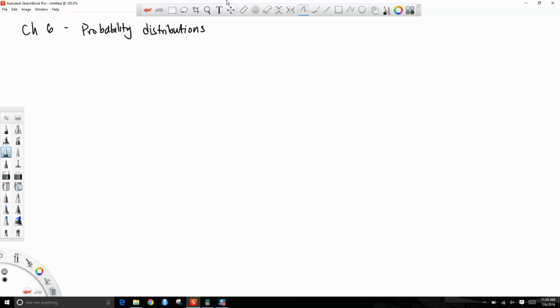A probability distribution tells us, for a numeric variable, the probability of getting certain outcomes.